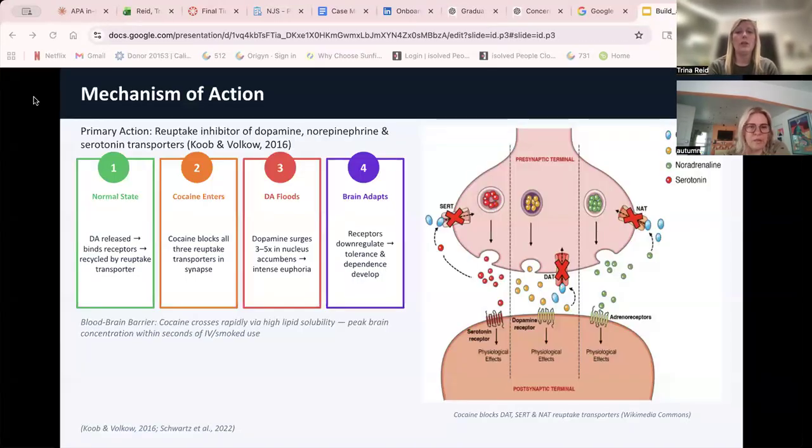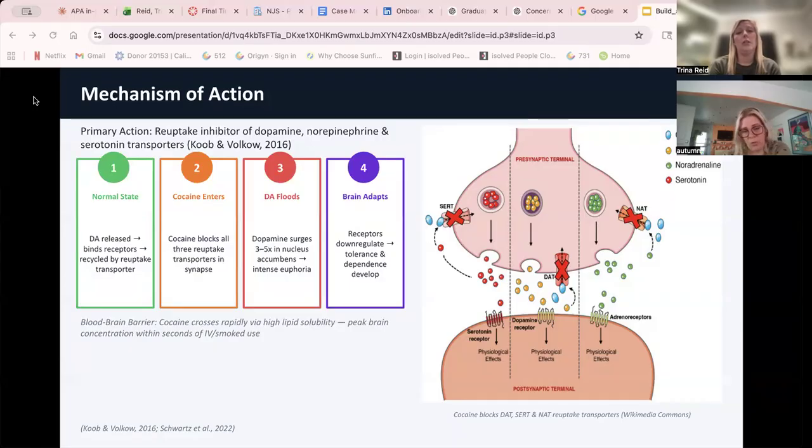Scary stuff. So this is our mechanism of action. Cocaine blocks the reuptake transporters of dopamine, norepinephrine, and serotonin. This synapse diagram shown here has red X marks on the dopamine, serotonin, and norepinephrine transporters.